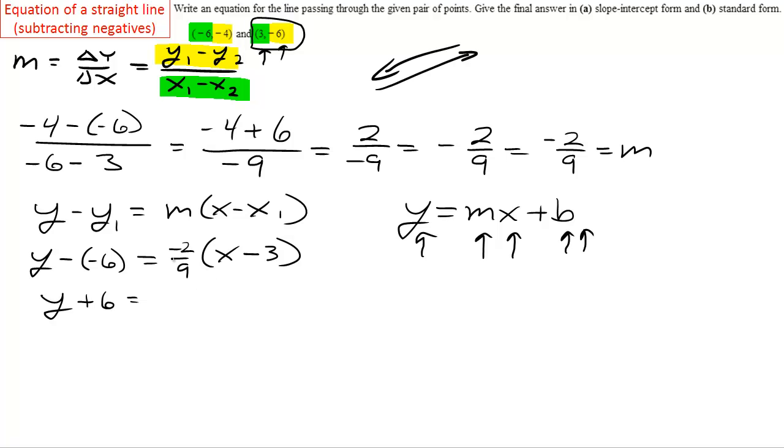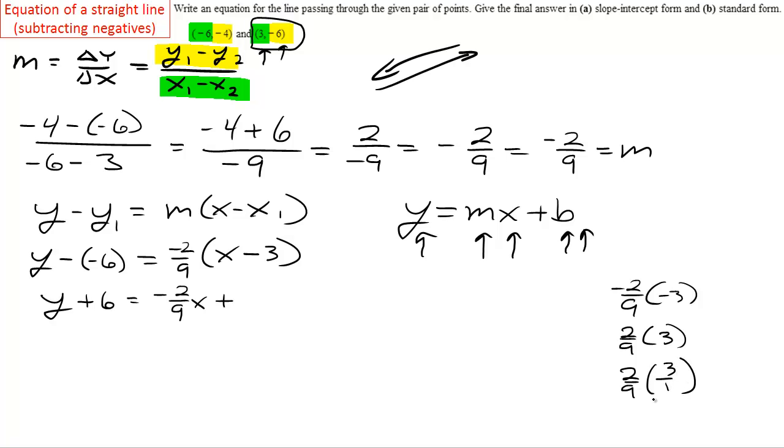And now we have to distribute, and we get negative 2 ninths x, and then negative 2 ninths times this negative 3 becomes positive, and when you do a fraction times a number, and we'll do it over here on the side, negative 2 ninths times negative 3, right, is going to be just 2 ninths times 3, because those negatives cancel, but it's really 2 ninths times 3 over 1, right?